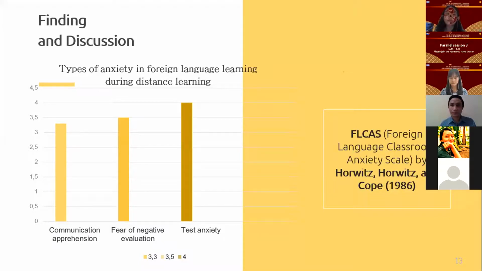They were afraid of making mistakes during their presentation day, and the fear of failure was bigger than other anxieties. Fear of negative evaluation was in the second position, and then the last anxiety is communication apprehension.